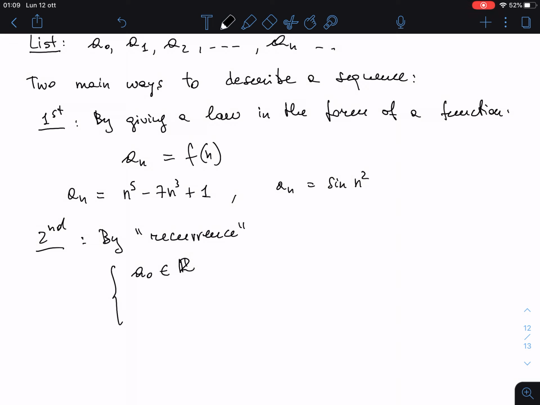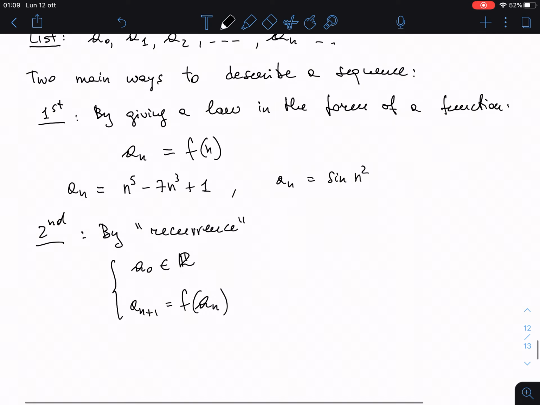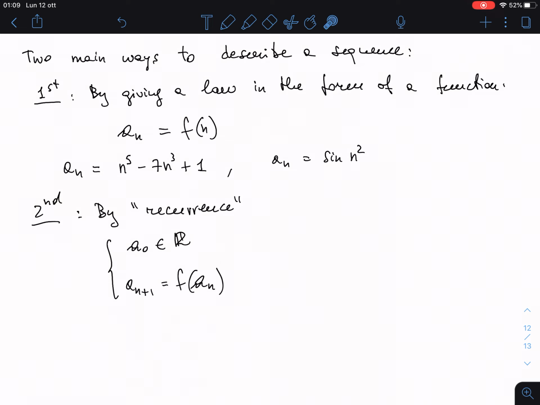It says what happens at n equal to 0. And then you know a_n, and you say that a_{n+1} is equal to the image through the function f of a_n. So you give the first element and you give the generic element once its predecessor is known. So here there is the induction plan.